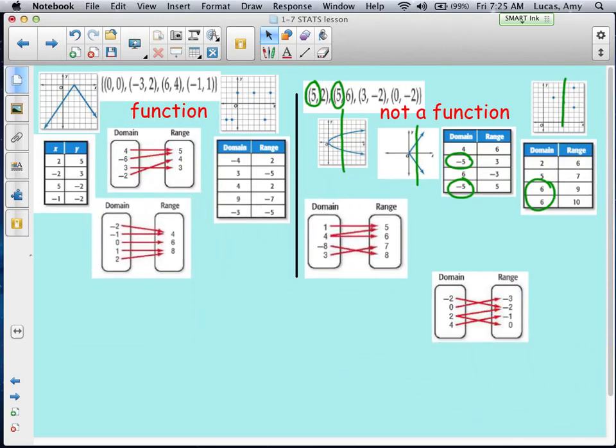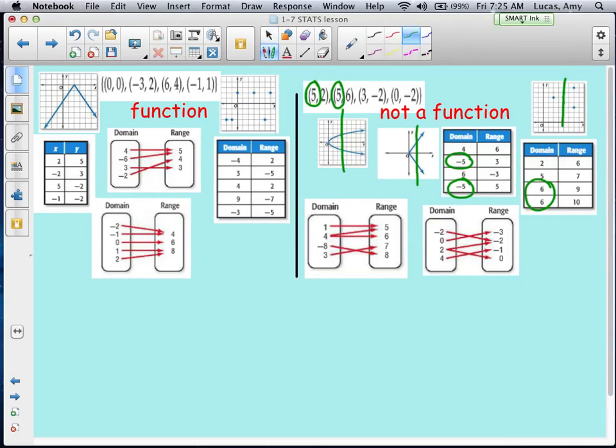And then these two have a repeat. Right here, there are 2 arrows coming from my 2, 2 arrows coming from my 4. So that would cause a repeat in the domain. If it was written in table form, you'd see that number written twice. If it was graphed, you would see that it would look similar to this, where there would be 2 points that were on the same vertical line.